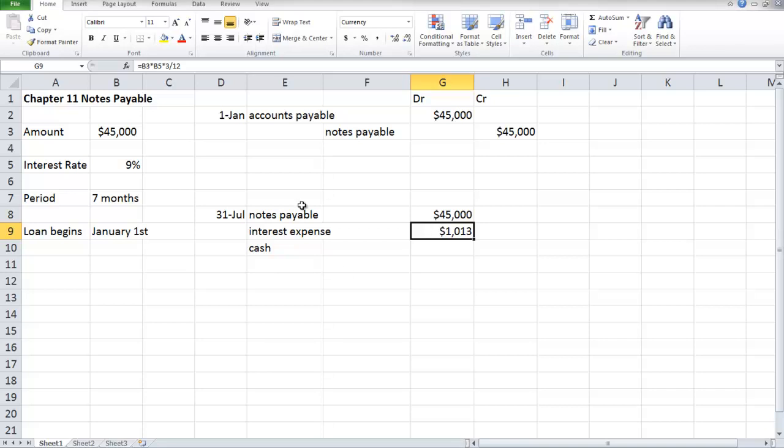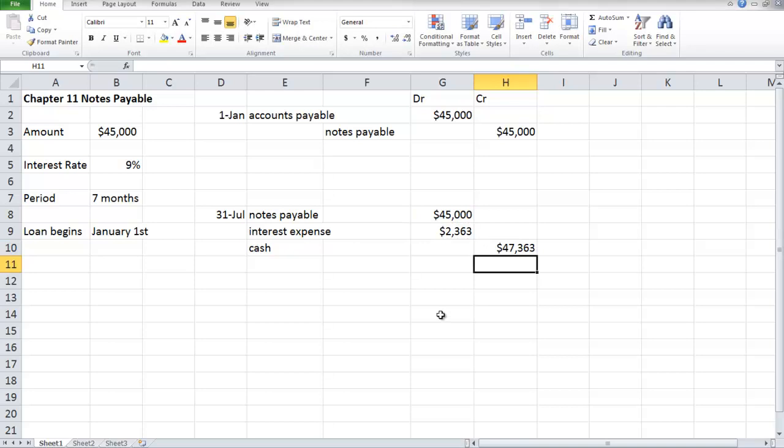So we want to take the amount, $45,000, times the interest rate, times 7/12 for 7 months, and the grand total of the interest is $2,363. And then we want to credit cash, which in this case will be the same exact amount as previously, $47,363.